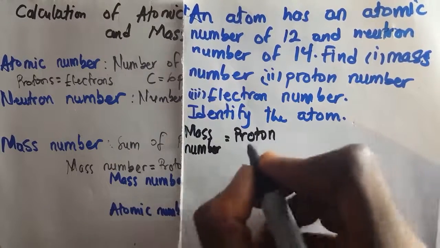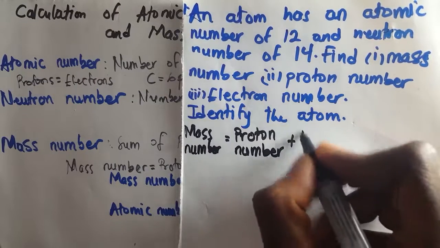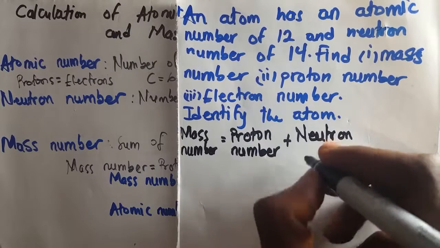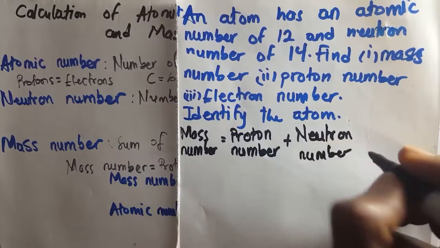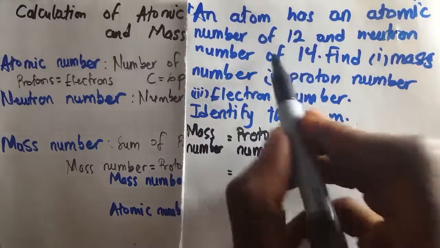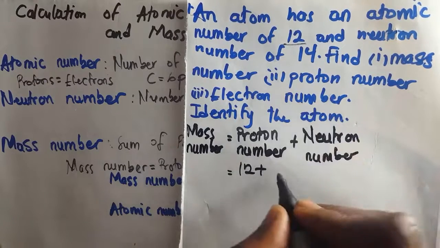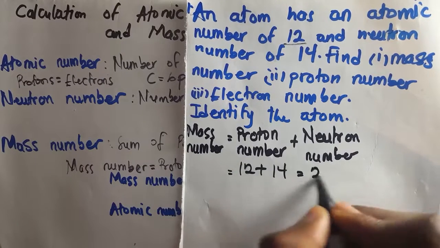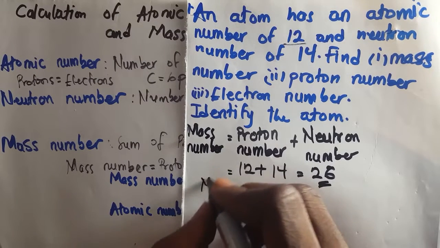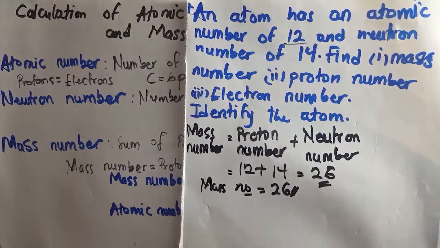I told you proton number is the same as atomic number. Proton number plus neutron number. So we have proton number is 12, plus neutron number is 14, which is 26. So our mass number is 26.